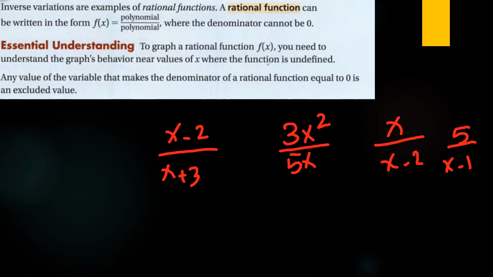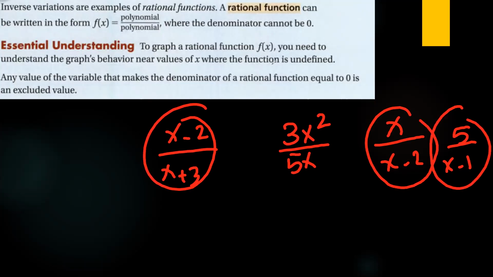These are examples of rational functions, and the inverse variation is one of them. In this lesson, we are going to graph the rational function. We are learning how to graph this function, or this function, or this function.